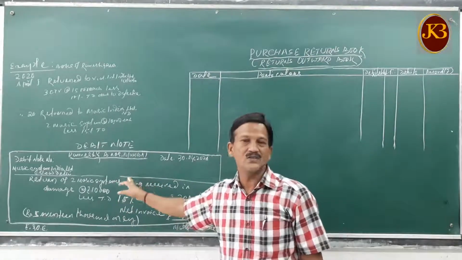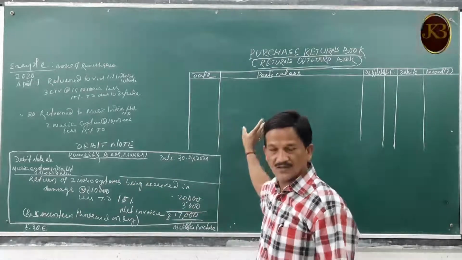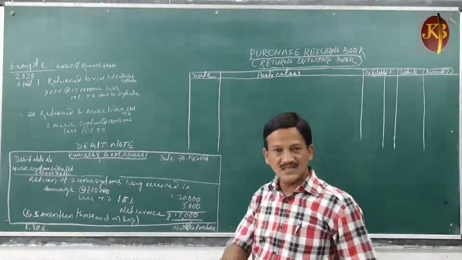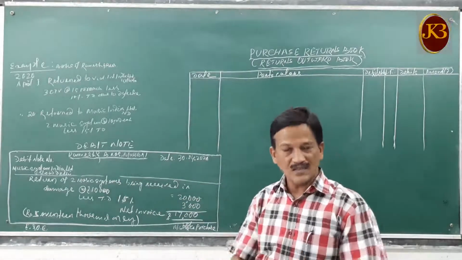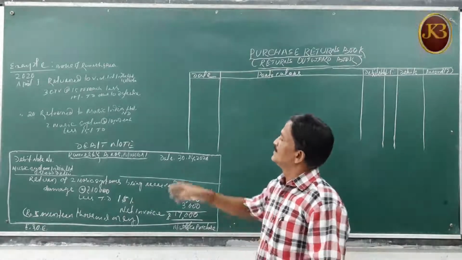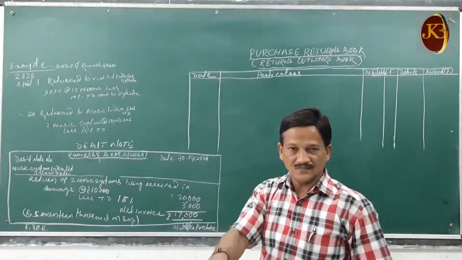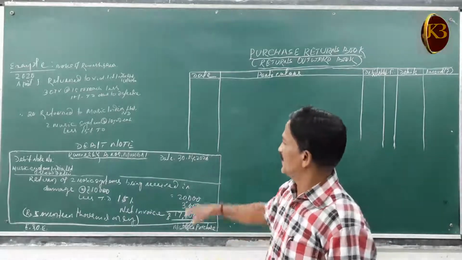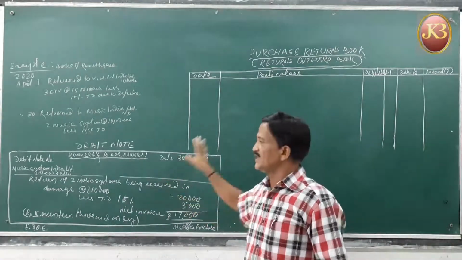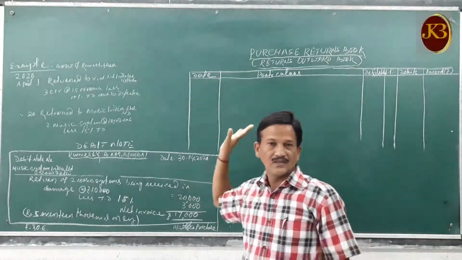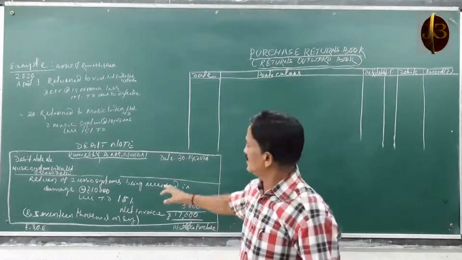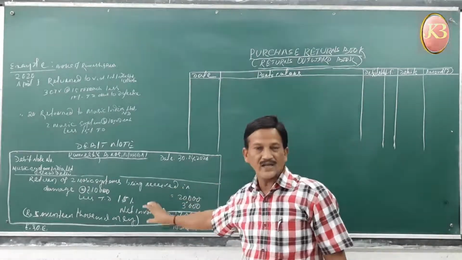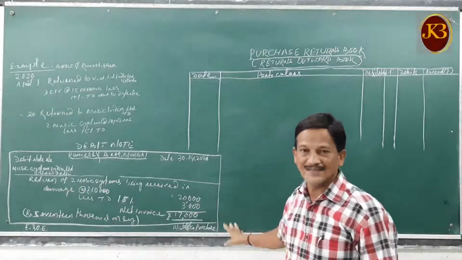This debit note is to be prepared by the purchaser or buyer, the business who purchased the goods on credit, and sent to the supplier, intimating that your account has been debited due to the return of the particular goods of this particular price.